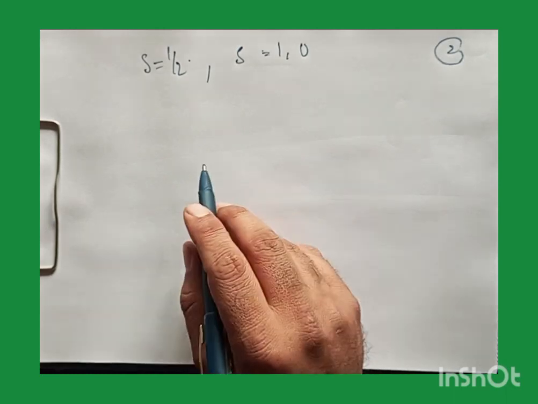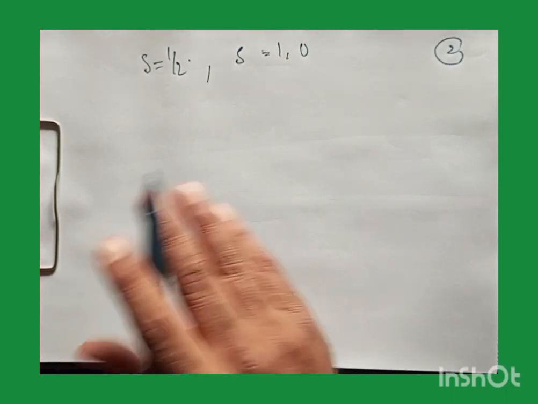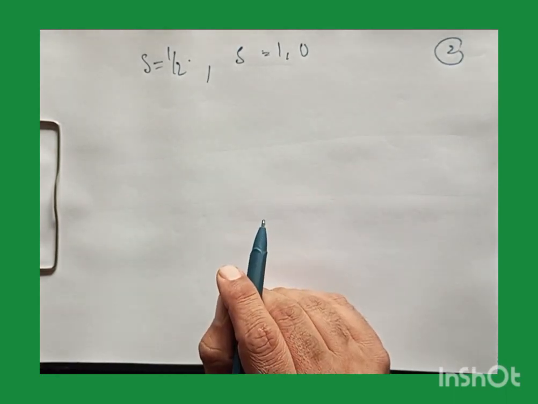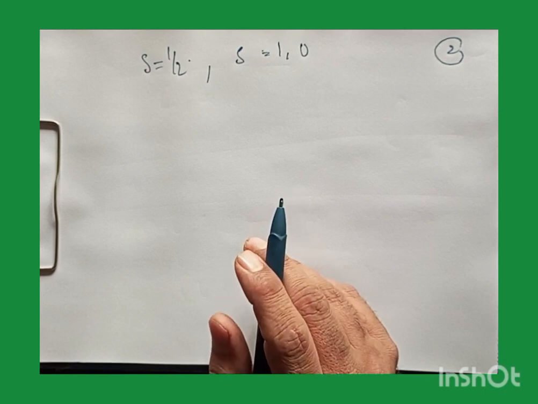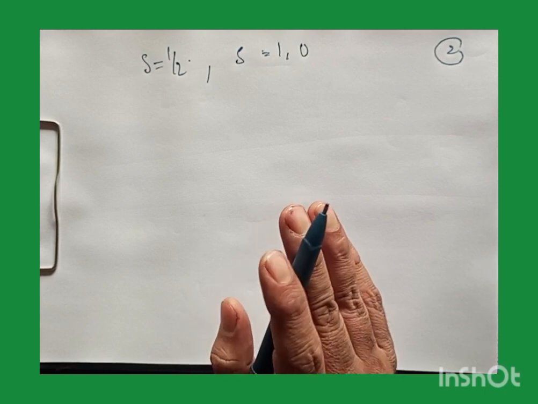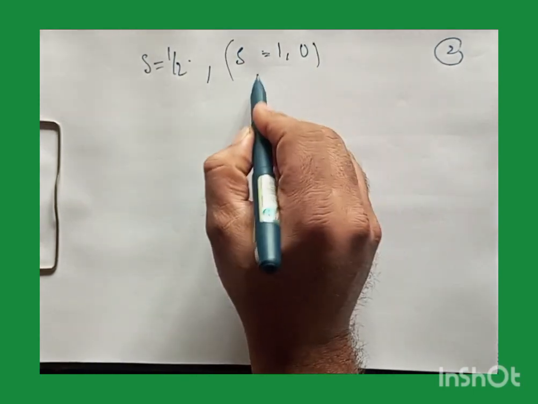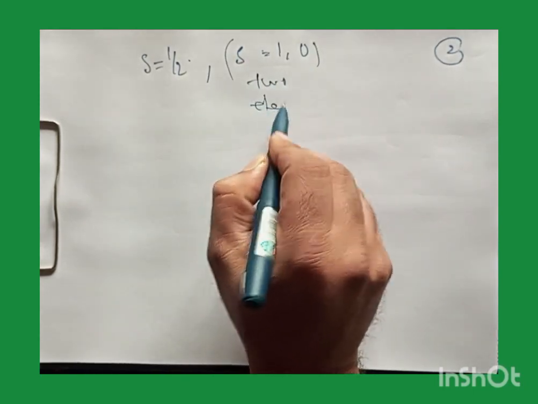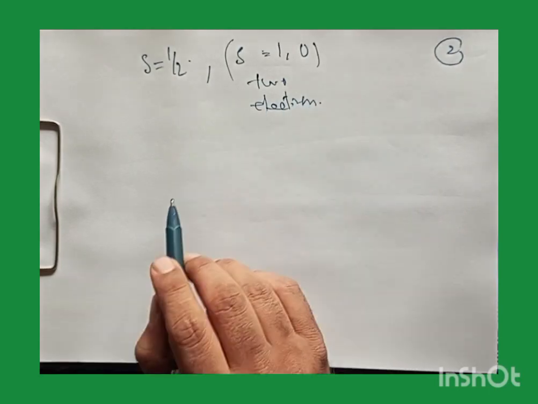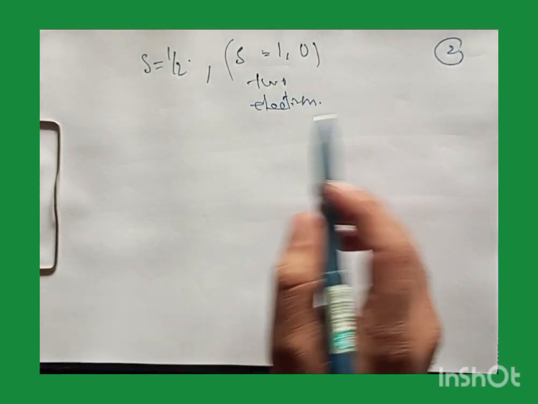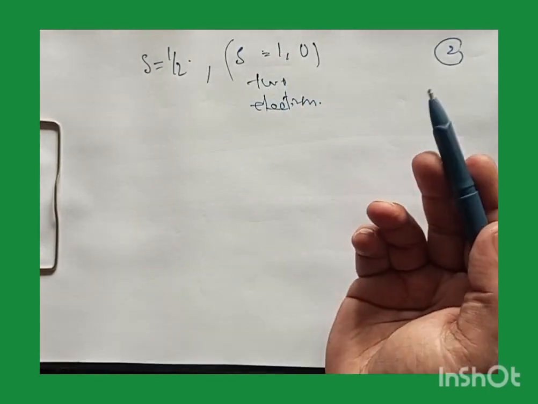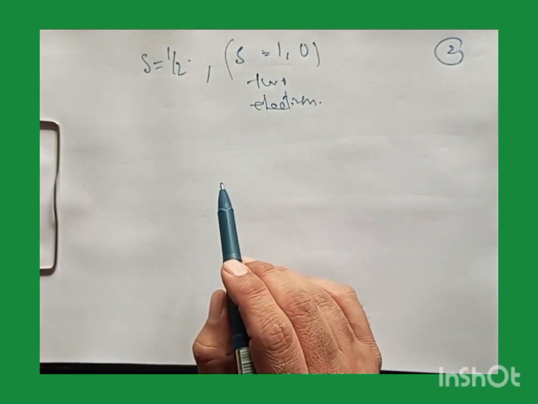They can add to each other, or they can cancel out each other. So it depends on whether the spins of the two electrons are parallel or anti-parallel. If they are parallel, then we will have 1. If they are anti-parallel, then we will have 0.